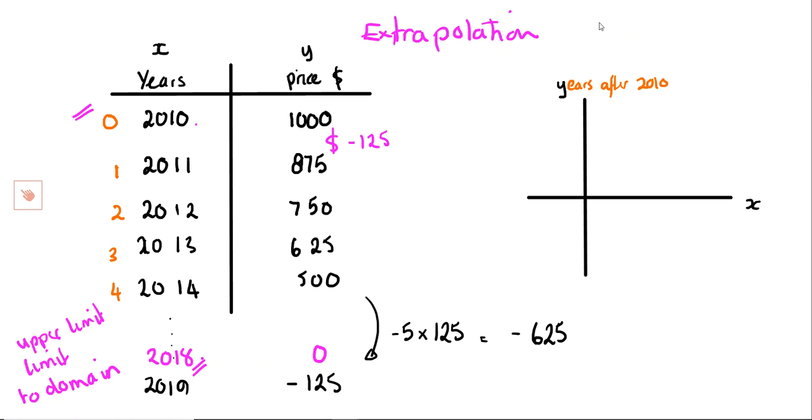Because it doesn't say what year today is, the way they've written it is quite nice in that whatever year we are doing this, we can assume it has happened all the way. But you are right. If we were in 2012 now, reading this question to say 2018 is when it would be 0, you were right. That would be extrapolation as well. But because we're past that point, it's not extrapolation.